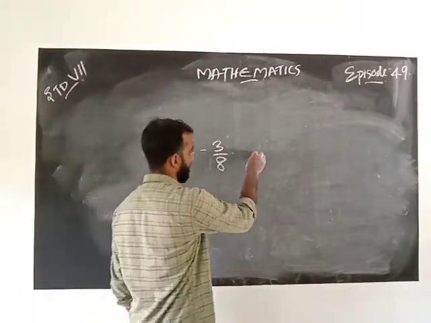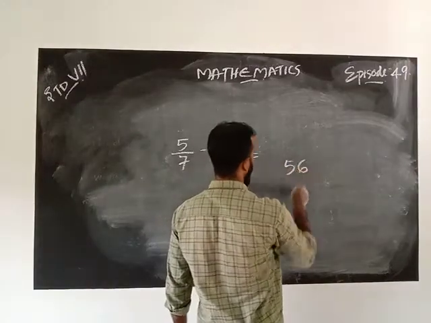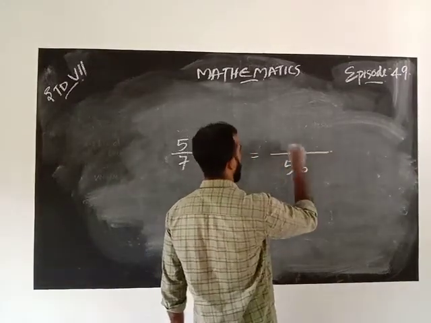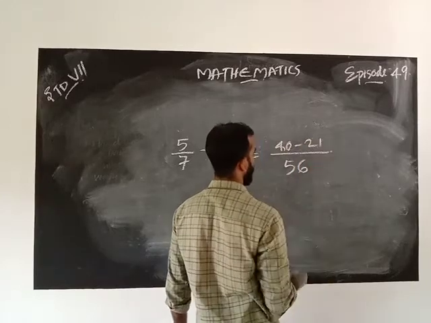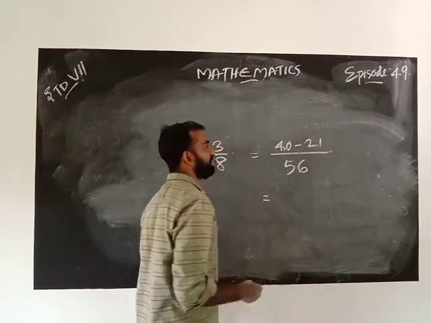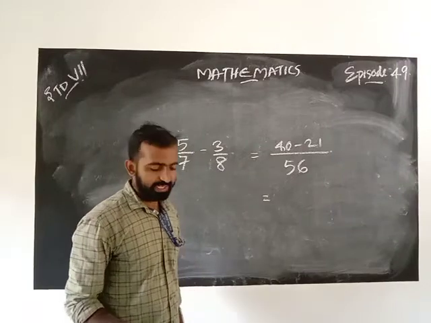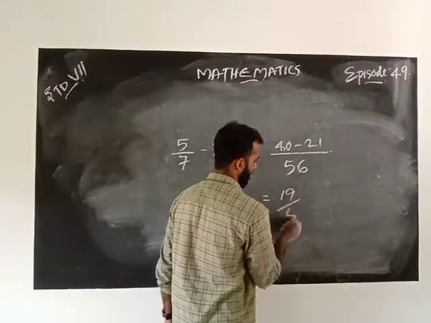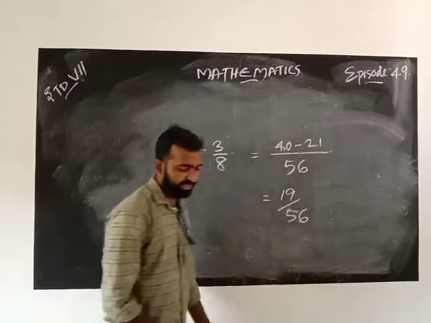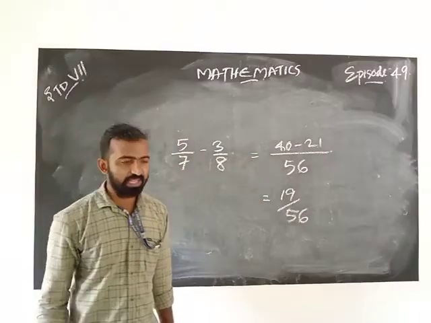That is 56 upon 40 minus 21. What is the answer? 19/56.